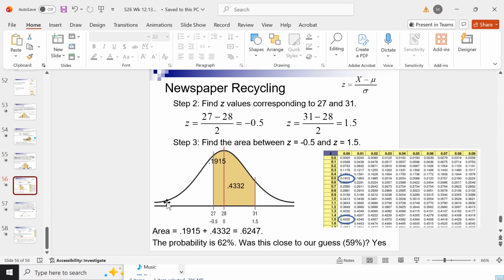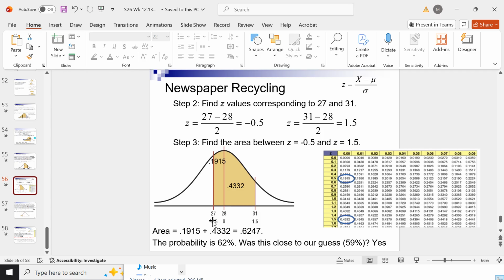So now this is what we want. There's the same graph. There's the mean, 28 pounds. We want to know what probability or percentage of households can produce between 27 and 31 pounds. So you have two values here, so you've got to have 2 Z's. 27 minus the mean divided by the standard deviation gives us a Z value of negative 0.5.